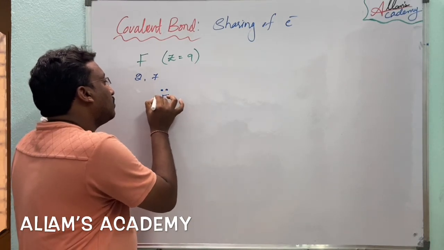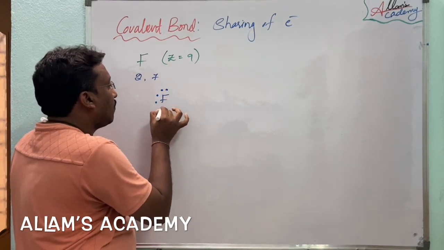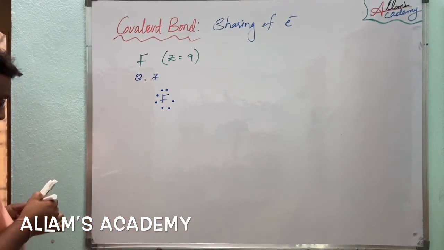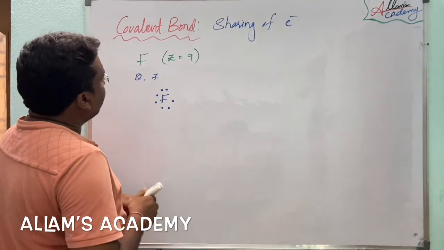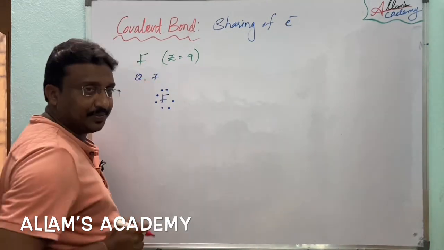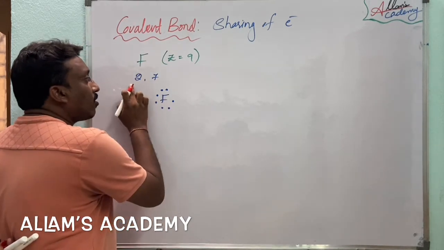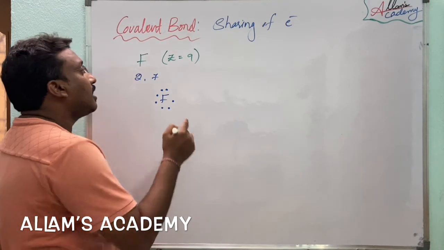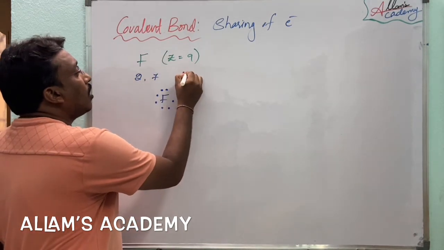1, 2, 3, 4, 5, 6, 7. Here we know that. Then how many electrons are required to get the stable electronic configuration? Sir, 1 extra electron.